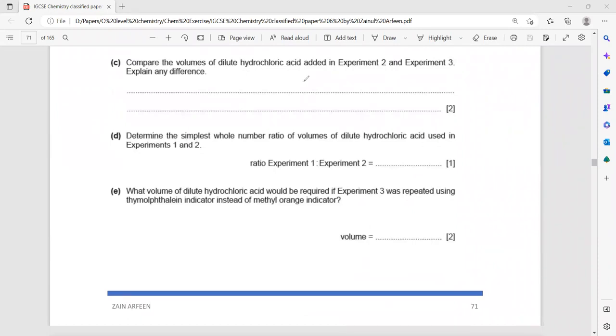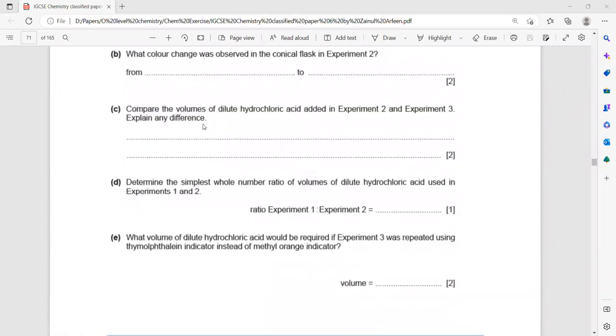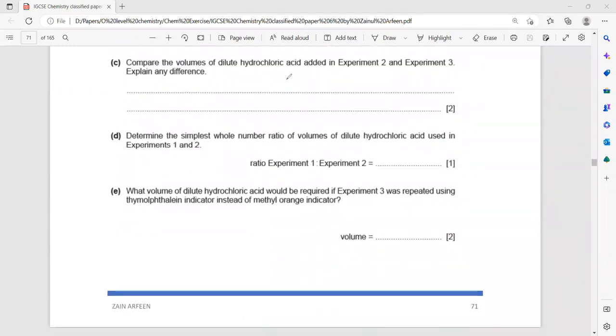What is the ratio of the concentration for the two solutions E and F? When we worked it out, the ratio is 1 is to 1.5. Same thing for E: if we take, for example, 25 cm³ of E and F, you can also take the ratio between the amount of HCl needed in experiment 1 and experiment 2. For experiment 1, we need 10.1 cm³.